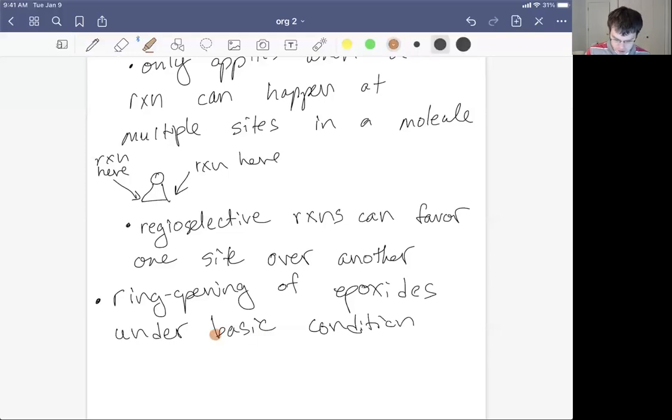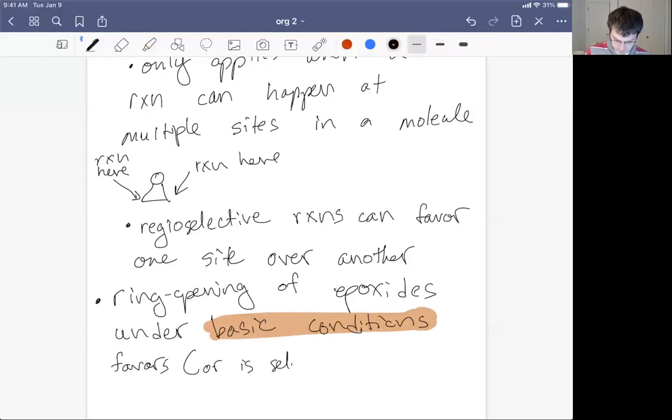So we're focusing on the basic conditions first, and I realize I need an S on that. Favors, or is selective for, nucleophilic addition at the less substituted position.